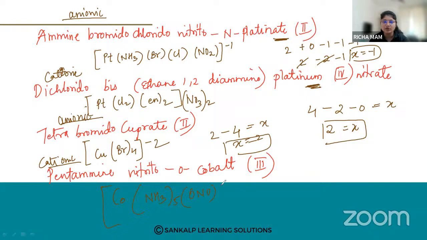Okay, nitrito O. Then let us see the charge. Cobalt is 3, amine is 0, nitrito is -1 equals X. So X is equal to 2. So the charge is +2. Is it clear? Is it clear up to here?